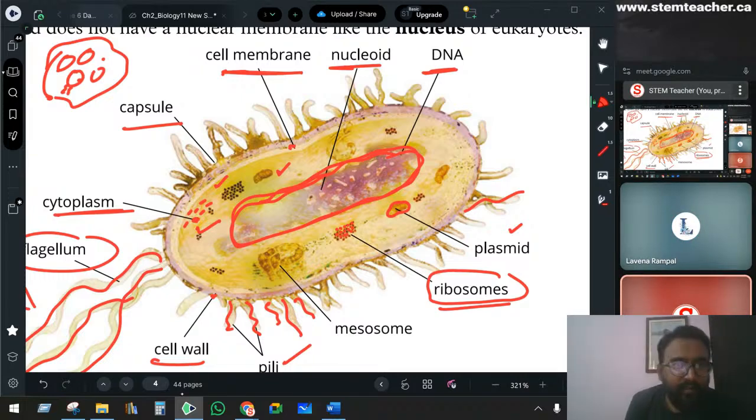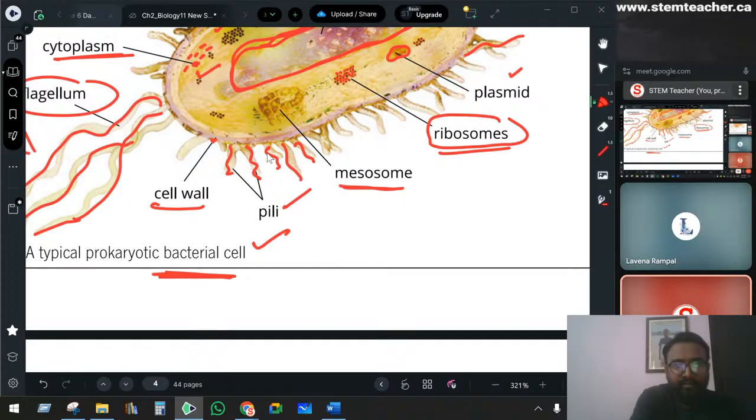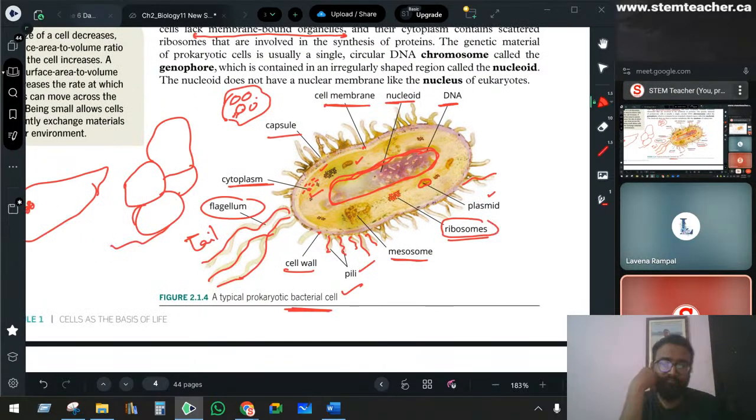And the cytoplasm has come, the cell wall, and this is the mesosome. Are these cell parts clear? Okay. The nucleoid is in the cell. There is a nucleus, which is the core center, a core information provider.